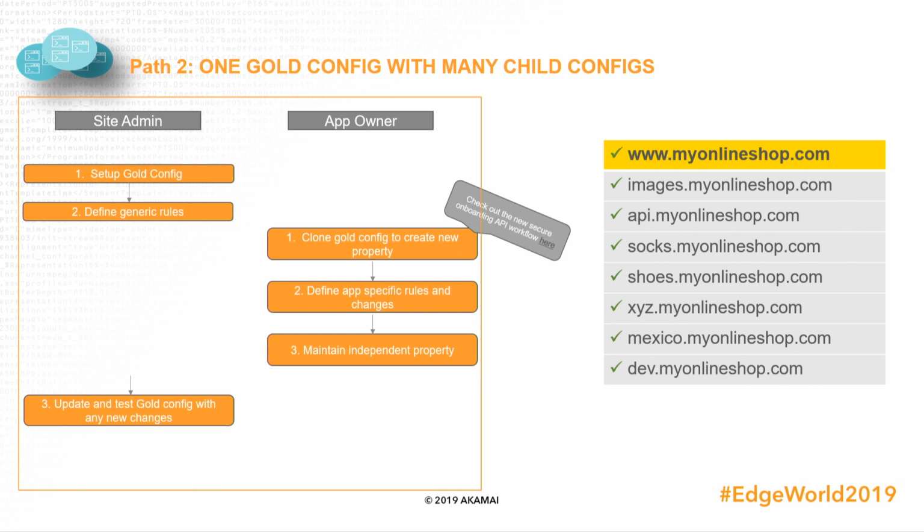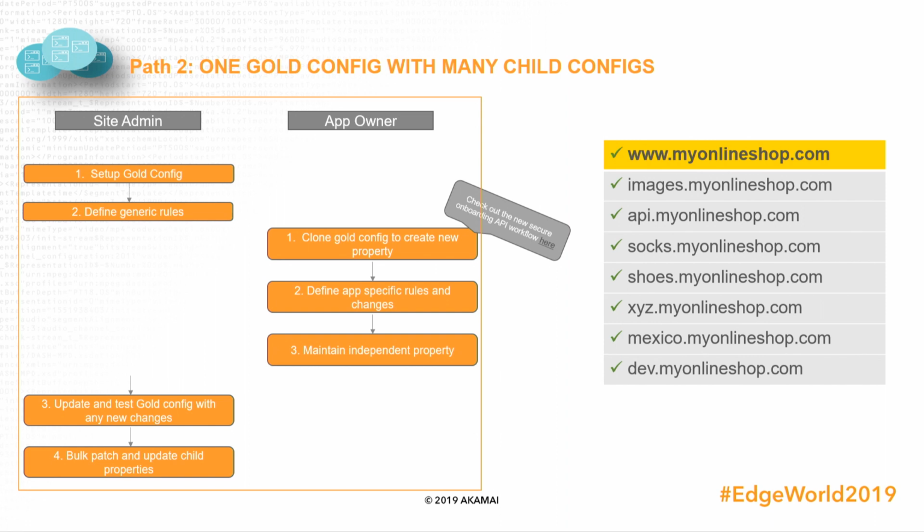But this is where goal config comes in, wherein we have a new tool called the bulk updates API, wherein you can now use a couple of API calls to make the same change across multiple configs. If you go to developer.akamai.com, this is under the PAPI documentation. You'll see a section called bulk config updates.